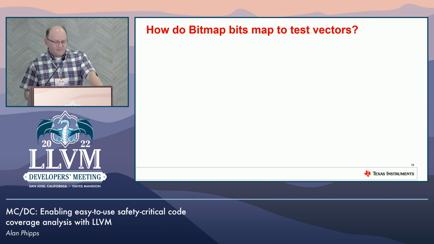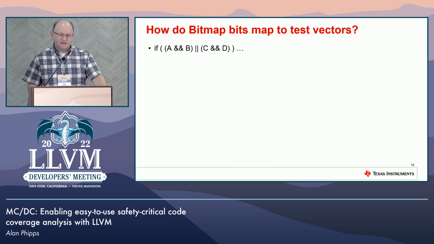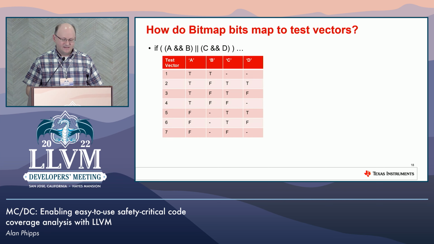So how do these bits map to test vectors? Well, let's look at an example. Here's another Boolean expression, this time with 4 conditions in it, and 3 logical operators. And this is the list of possible test vectors through that code, test paths.